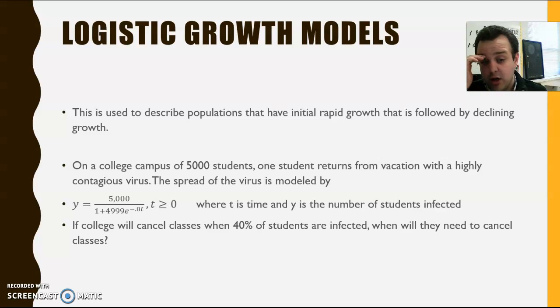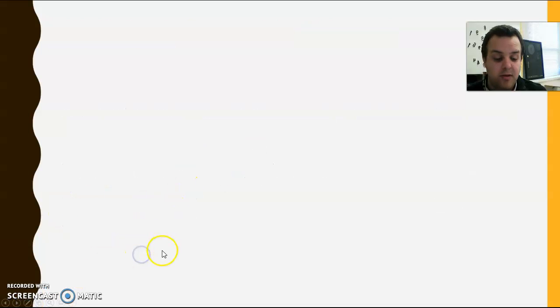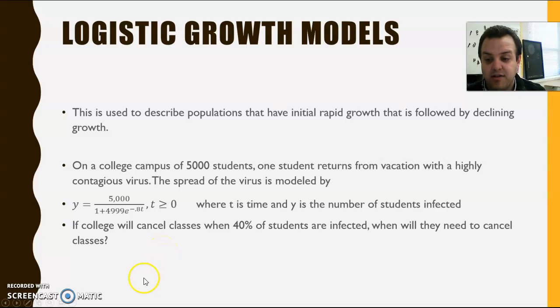So what we're going to do is figure out when we are going to need to do this. One of the first things we have to do is figure out what 40% of 5,000 is. So we're going to be doing 40% of 5,000, so 0.4 times 5,000, and that's going to get us 2,000, which is going to be our Y value.